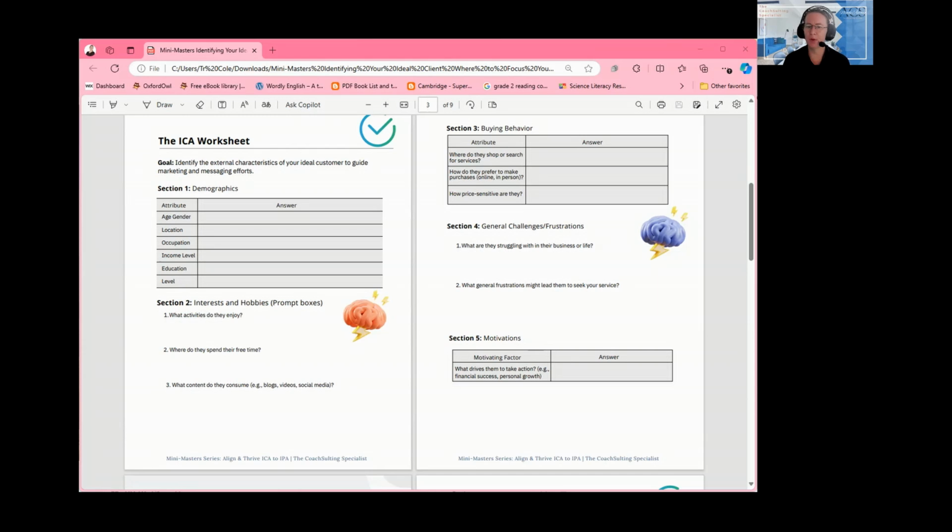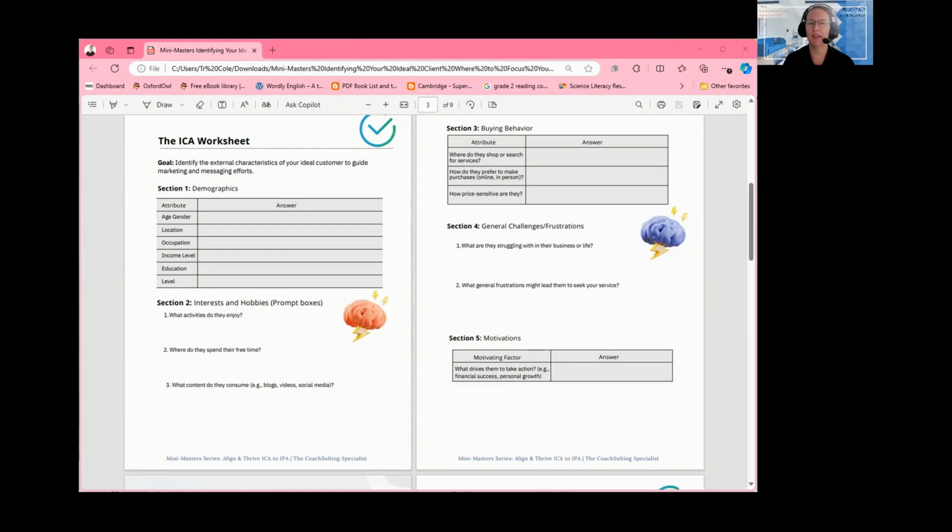So the ICP focuses on more internal motivators and challenges that drive their decision-making process. So while the ICA is about understanding your client as a person, the ICP is about understanding the business context that they operate in. Okay?